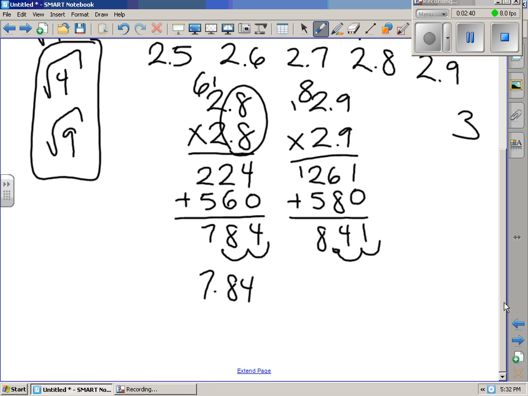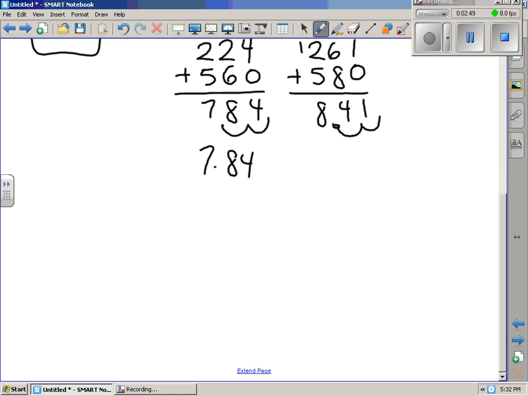Right, and when you multiply 2.9 by itself, you get a number that's higher than 8. So now what we need to do is figure out, all right, let's think about it. How far away is 8 from 7.84? And you can go ahead, if you're unsure, and subtract.